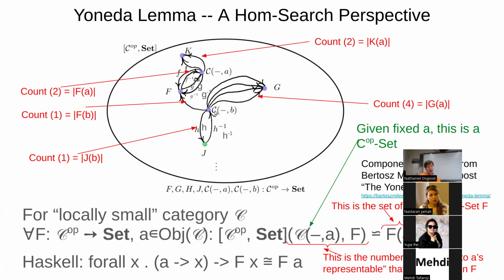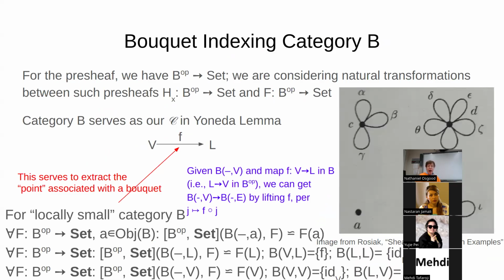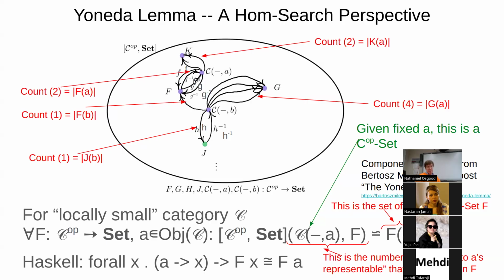It's saying, look, for any Cop set category, for any presheaves category, for any functor, so any instance of that schema, associated schema Cop, for any instance of that schema, if I look at the number of places that I can find a representable in that schema, it's equal to the number of things associated with the object of that schema.